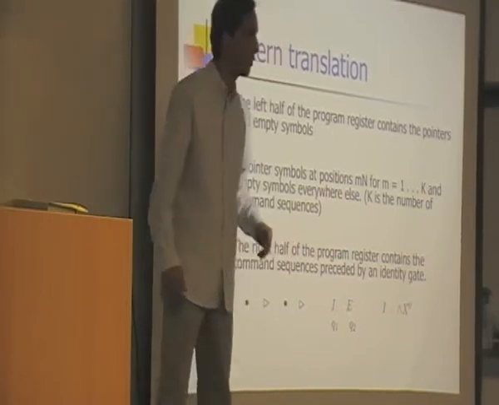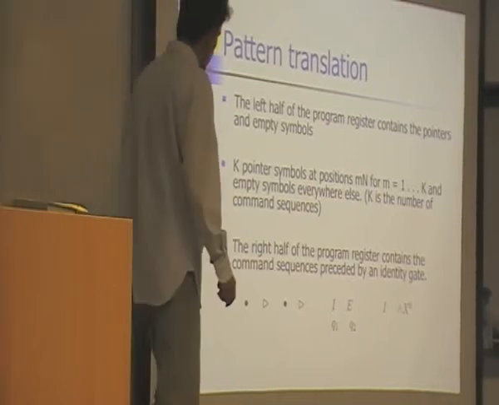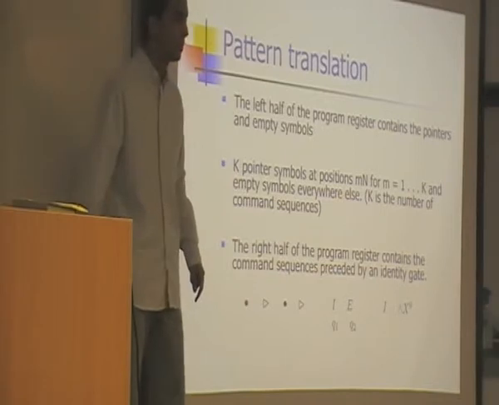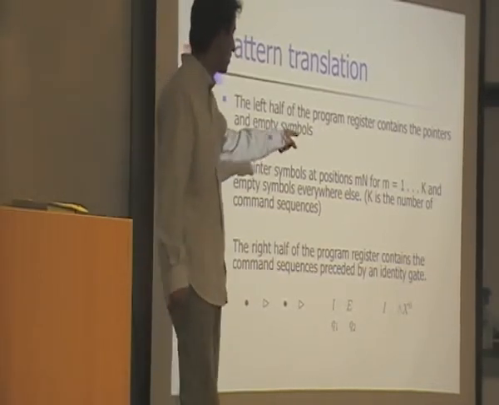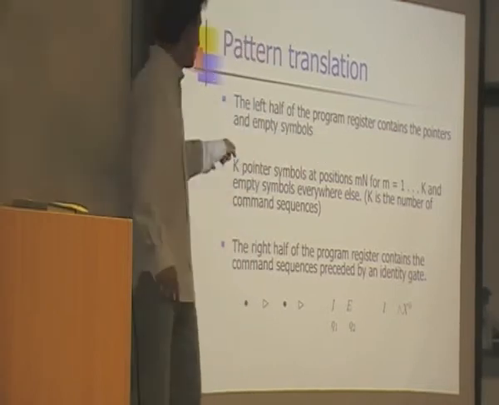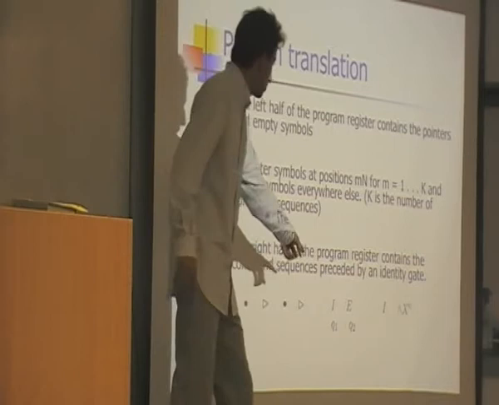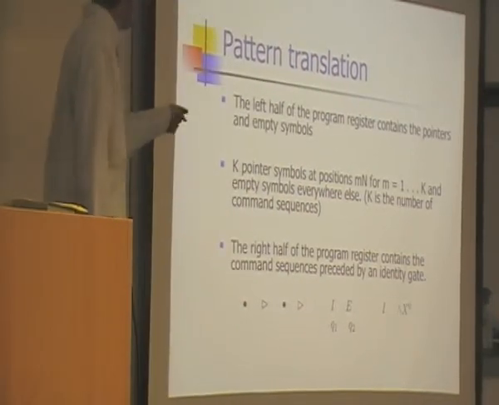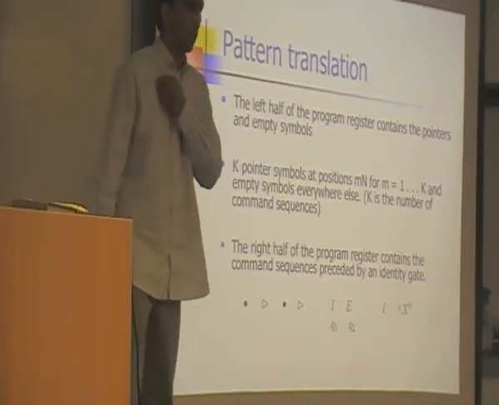The left part of the program region belongs to the K program symbols at positions M n, where K is the number of commands in the command sequence and M is the number of work qubits.